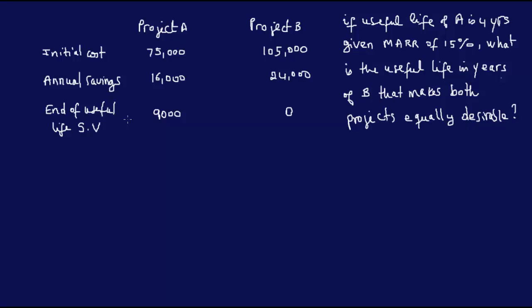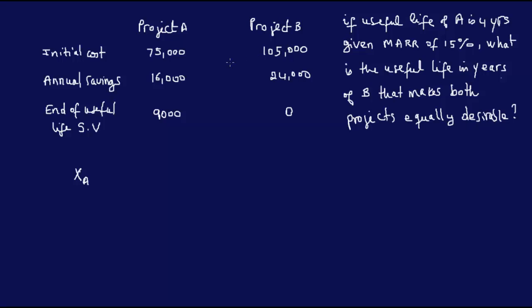So how do we do that? For A, let me put XA, because I'm trying to find the annual value of project A and the annual value of project B, and equate them, because that's the question here.